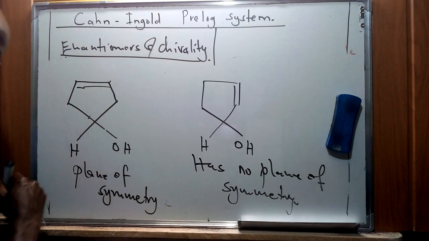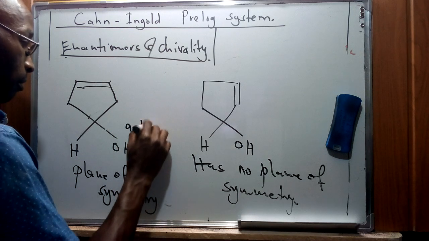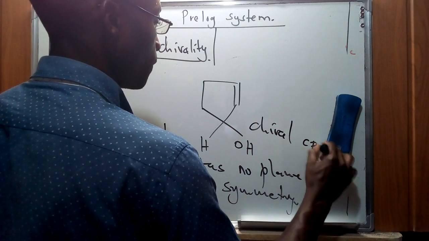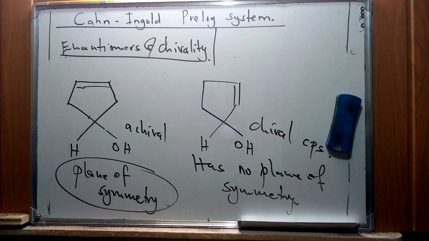Therefore, the first one can be regarded as achiral, while the second one is a chiral compound. Perhaps we're going to talk about this concept in a different video, so I'm just going to reserve it for that so that we cannot deviate further from our topic of discussion for today.